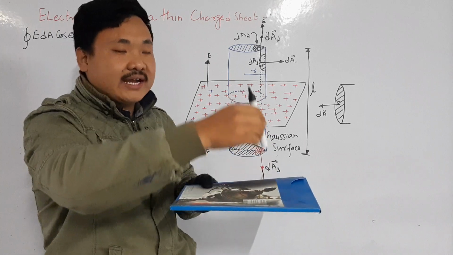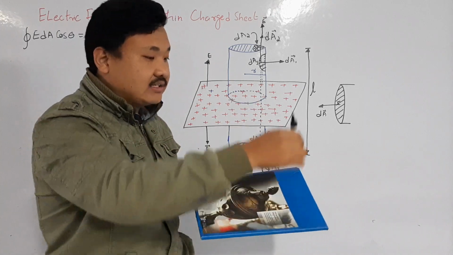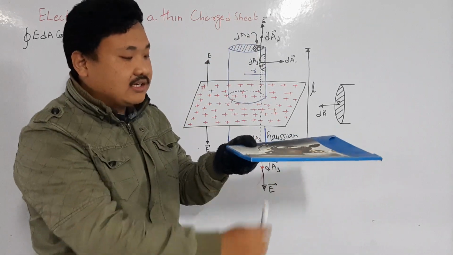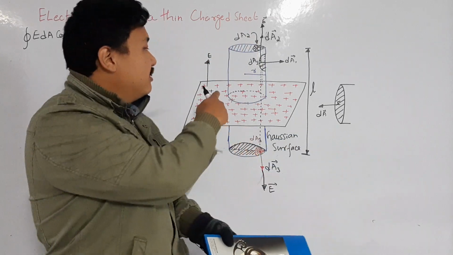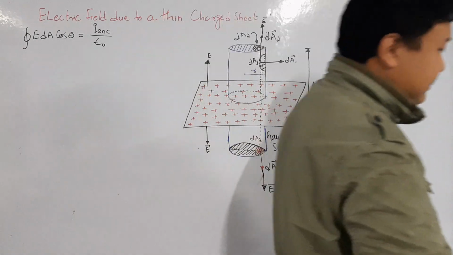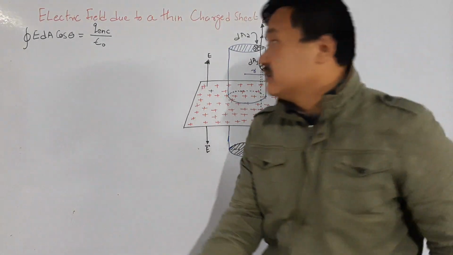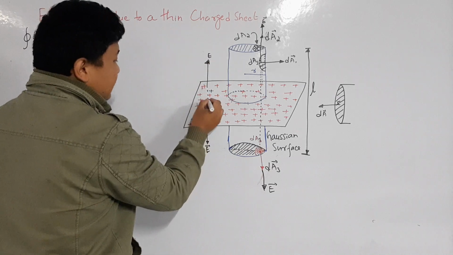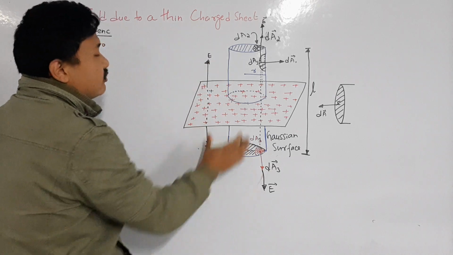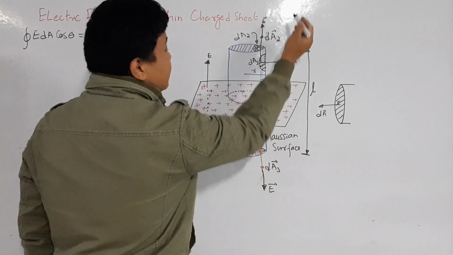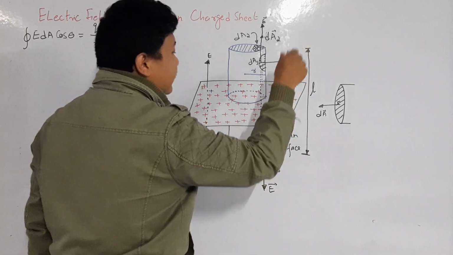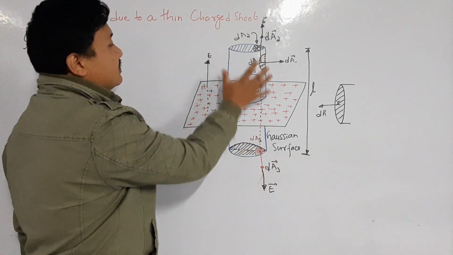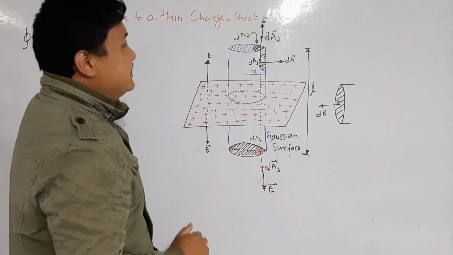At each and every point the electric field is going perpendicularly away from this plane charged sheet. So I have considered a Gaussian surface as a closed cylinder.